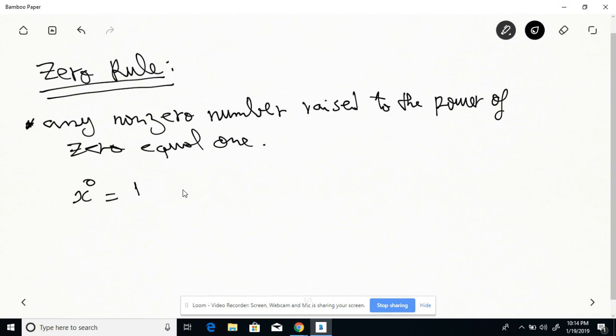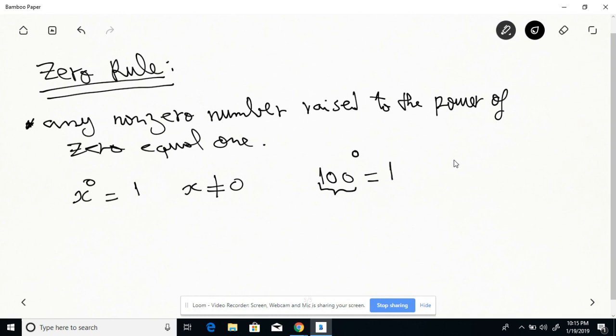But here x is not 0. So let's say we have 100 to the power of 0 equals 1.